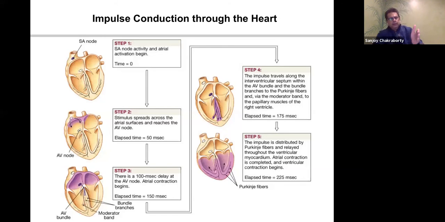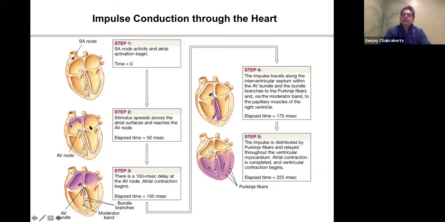So if a cardiac muscle cell wants to undergo systole, which is contraction, it needs to depolarize first. So this signal depolarizes them, and it takes only 50 milliseconds. So the SA node, through the internodal pathway, comes right here to the AV node, and it took only 50 milliseconds, and the atria depolarize.